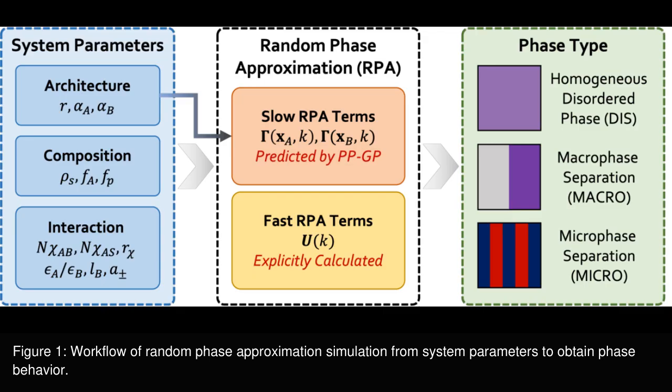From these calculations, the phase behavior of the polymer blend is determined. Importantly, this workflow not only predicts the phase, but also provides a measure of uncertainty in the predictions. This comprehensive integration of parameter inputs through the RPA simulation to phase output forms the foundation for the surrogate model development presented in this paper.